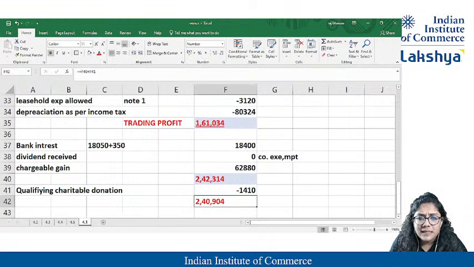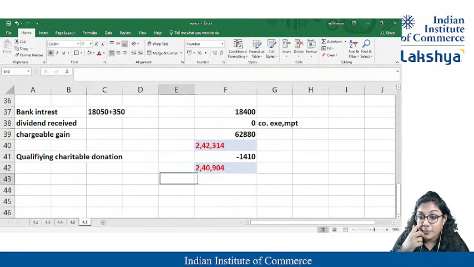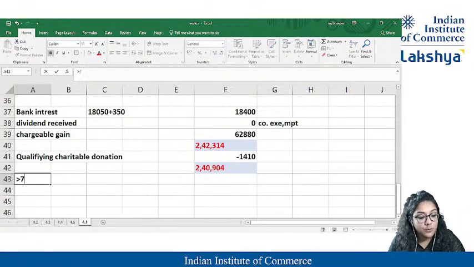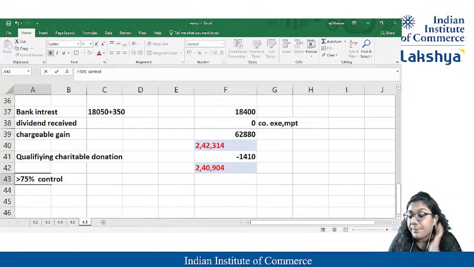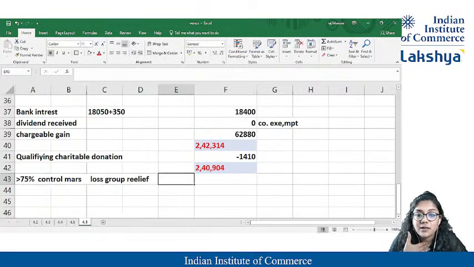Now out of these, is there any loss in the company over which I had control of more than 75%? Yes, ma'am, I had control of more than 75%. Control on whom? Shares in Mars. So if Mars had any losses, I can take group relief; I can adjust it.